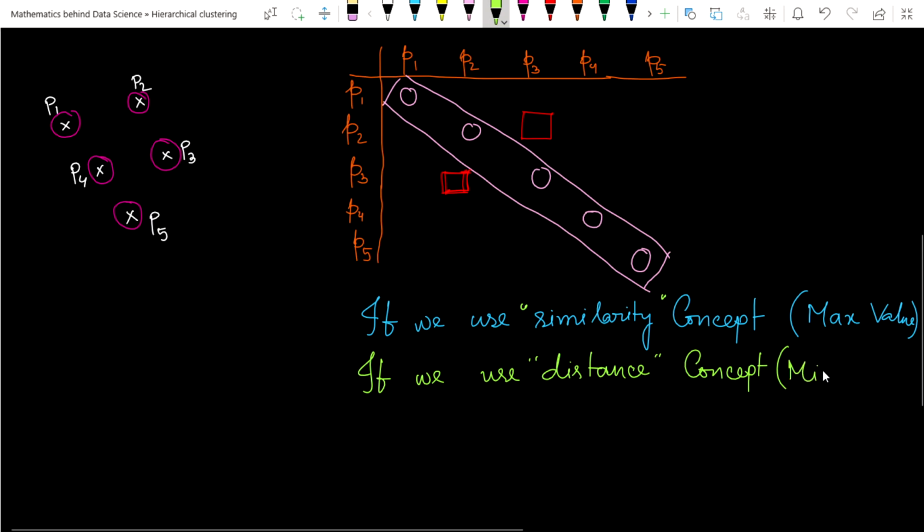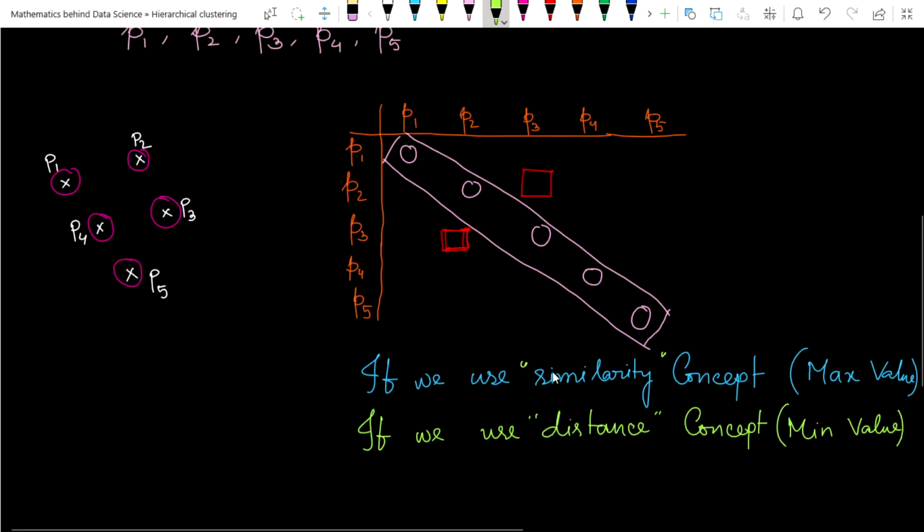We will use the minimum value. Suppose we use the distance; we choose the minimum distance between two.